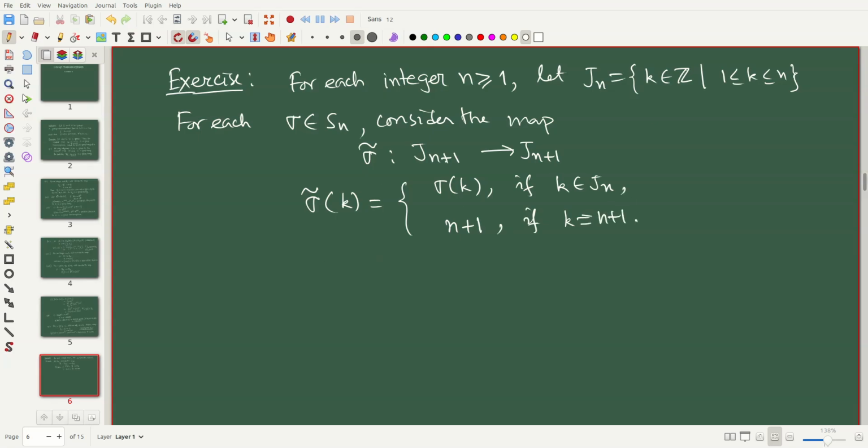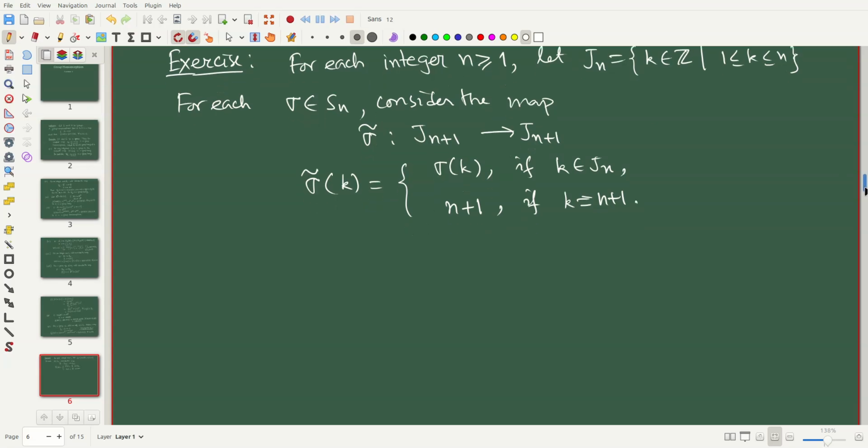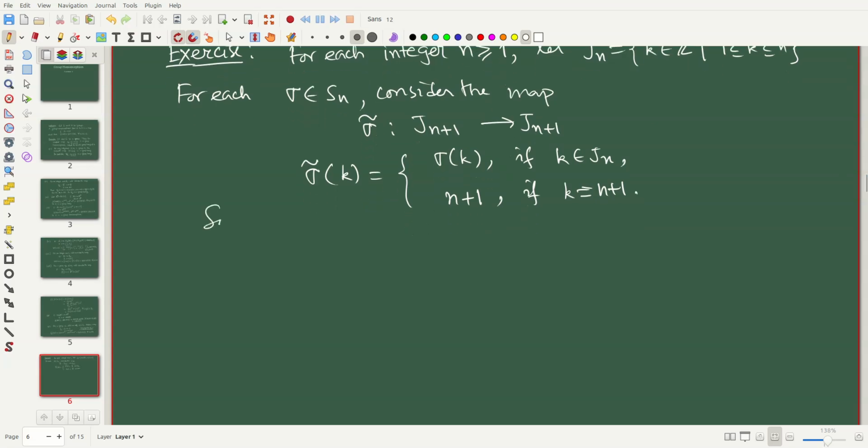Okay, so clearly since sigma is a bijective map, sigma tilde is also bijective. It's clear. So sigma tilde is a permutation, so sigma tilde is in S_{n+1}.